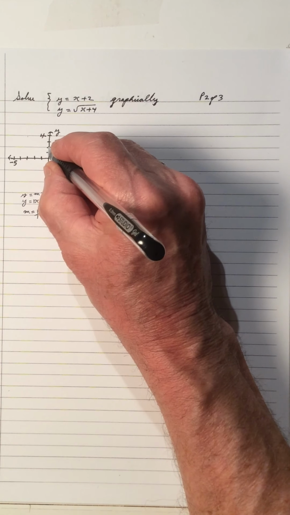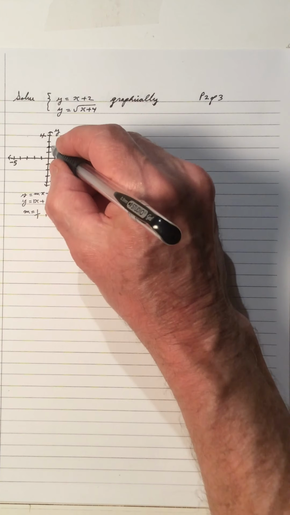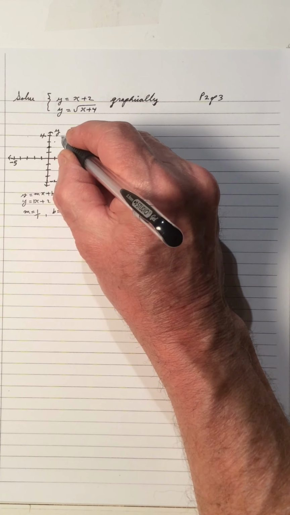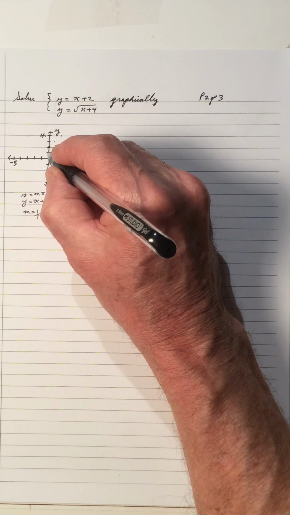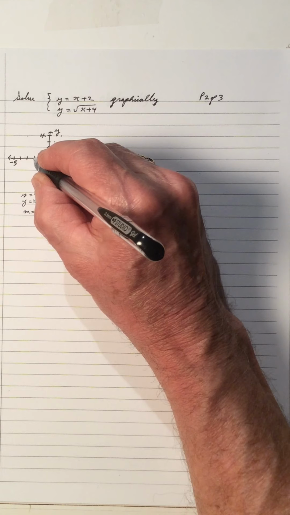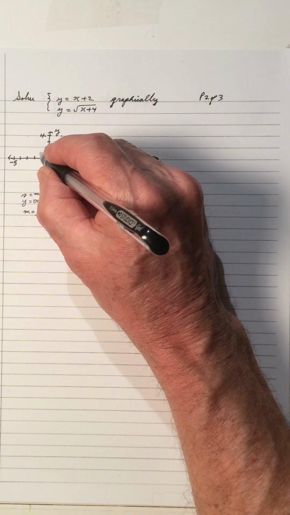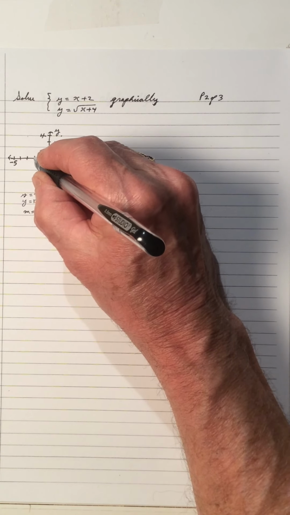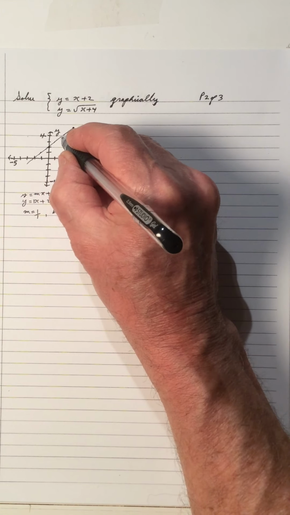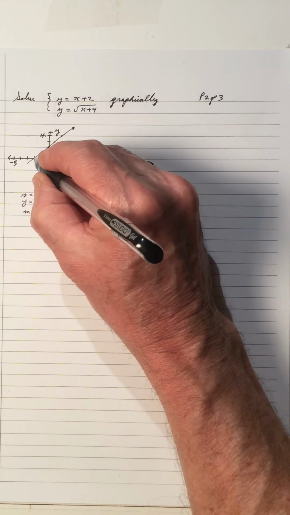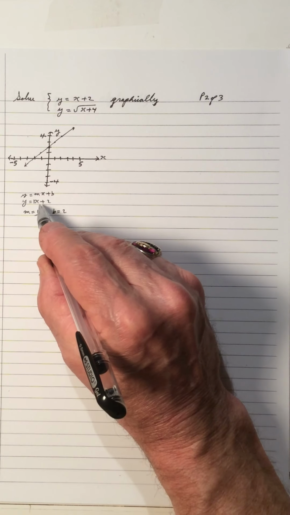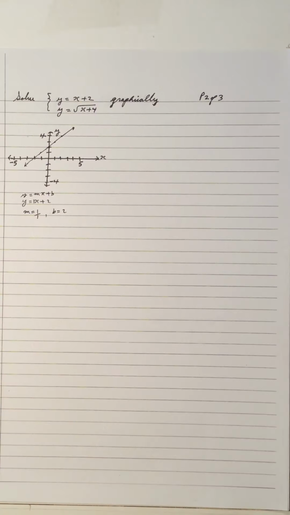So the y-intercept is 2, and the slope is up 1, right 1, up 1, right 1, or it could be down 1, left 1, down 1, left 1, and I have this line that passes through all of these points, and that's the line that represents this equation of y equals x plus 2.